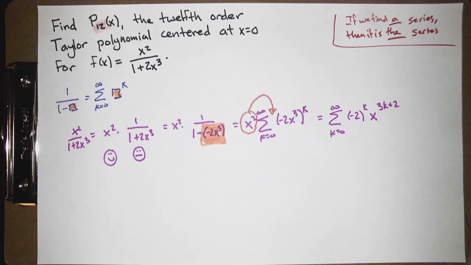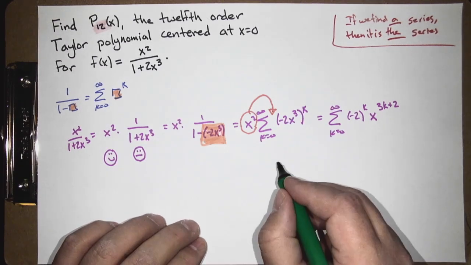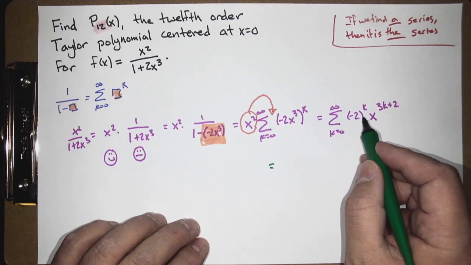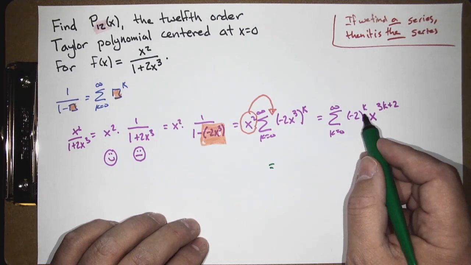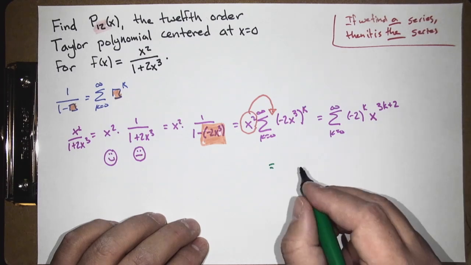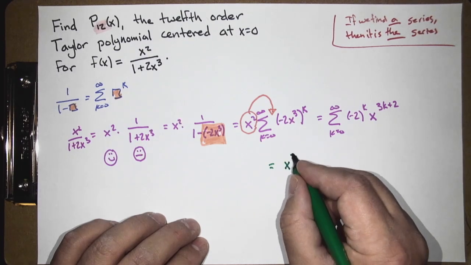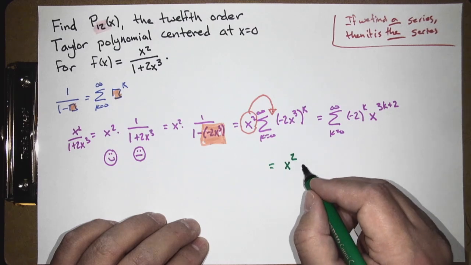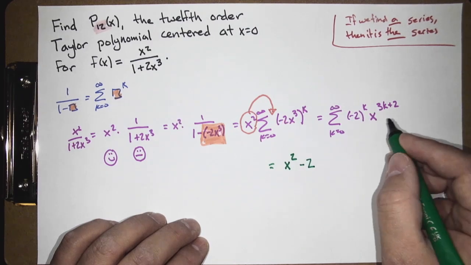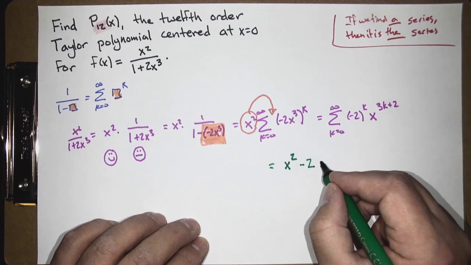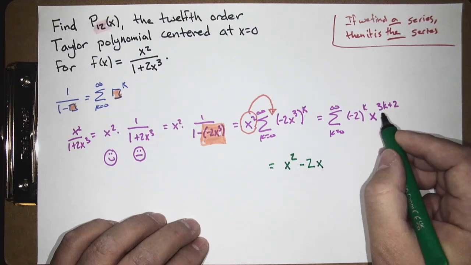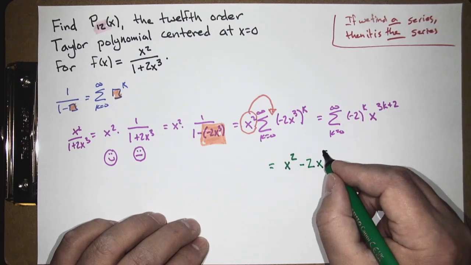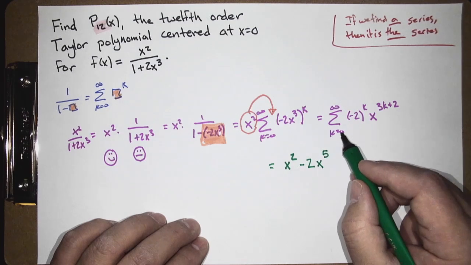So we start writing down the terms. So we plug in 0. Negative 2 to the 0 is 1. Then you have x to the 0 plus 2, x squared. Okay, plug in 1. Negative 2 to the 1, negative 2. X to the k equals 1, 3k plus 2 is 5. Plug in k equals 2.